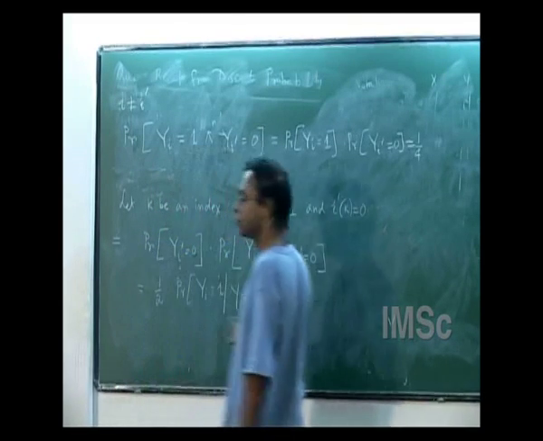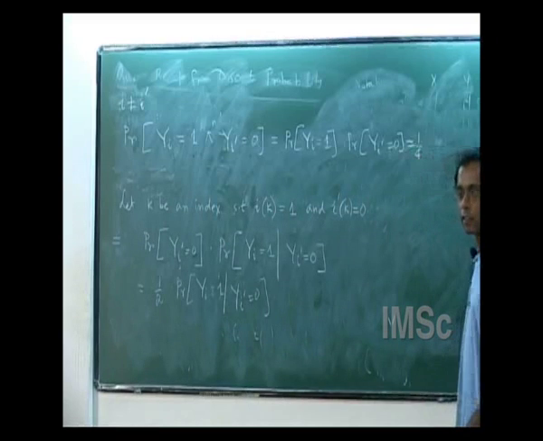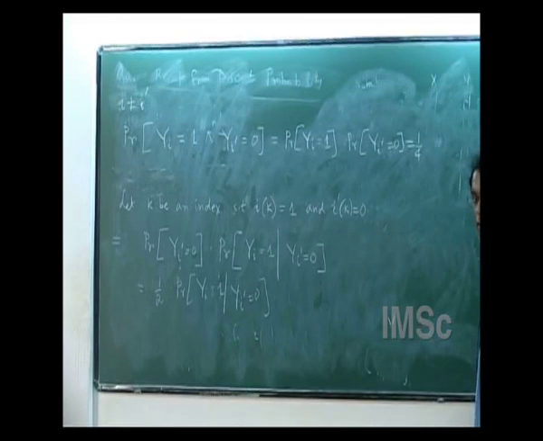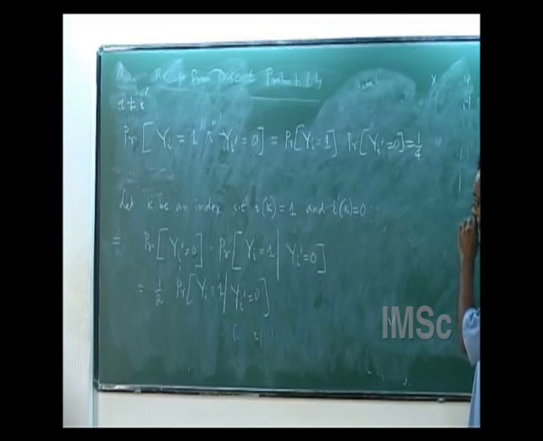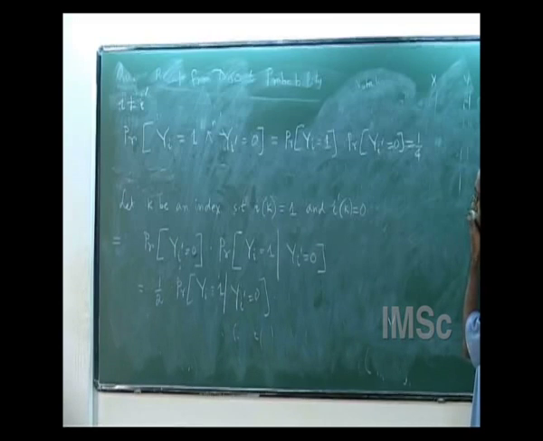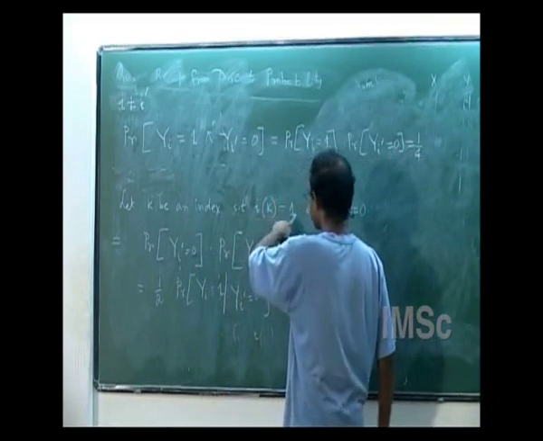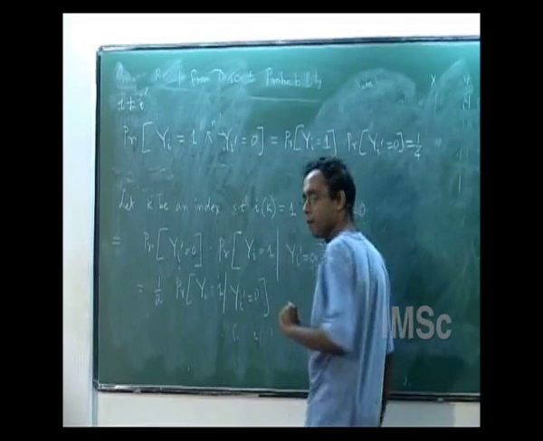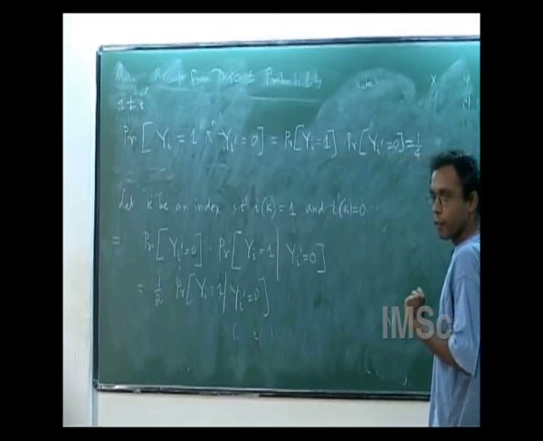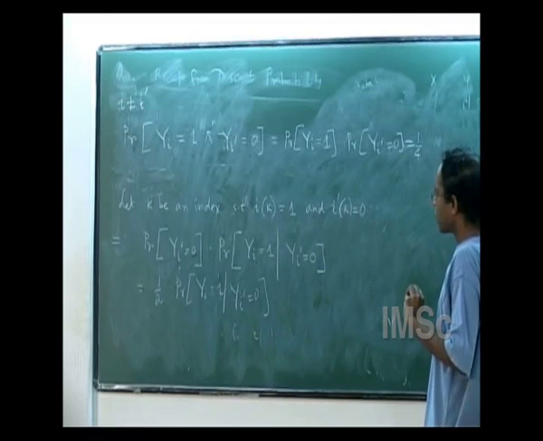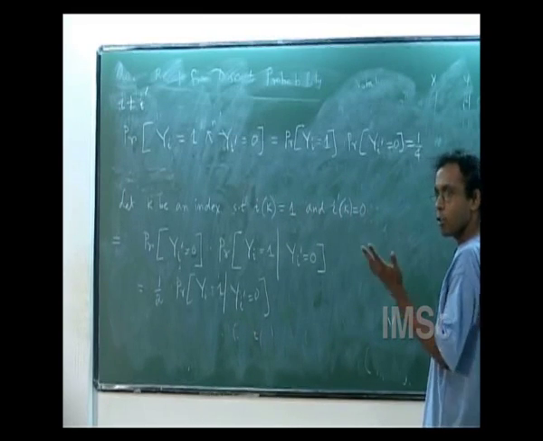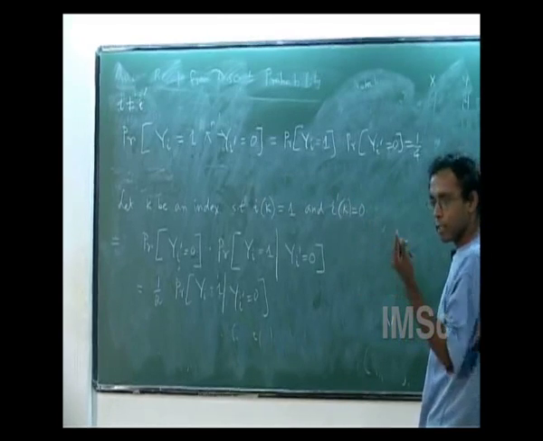Now why is this other one half? This is the question. You have to use the fact that k is the index such that ik is 1 and i prime k is 0.